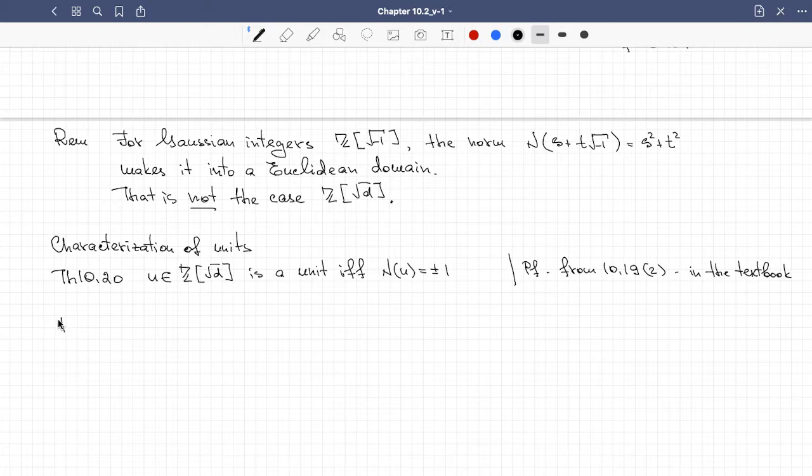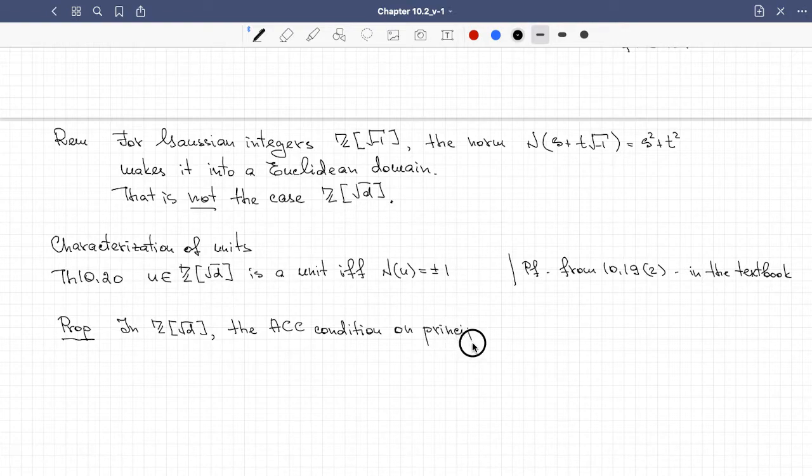Here is a proposition: in our integral domain, the ring of quadratic integers, the ACC condition on principal ideals holds.